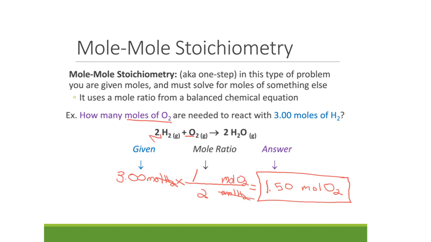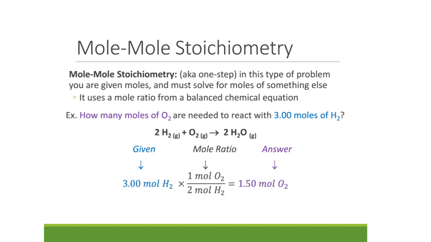And that would be the final answer to this problem. And here's that answer again for you. Same thing, just typed out because I know my handwriting's a bit messy. It's also color-coded so you can see where my given information is and where my answer is. So that's going to be the same setup for all of your mole ratio problems.